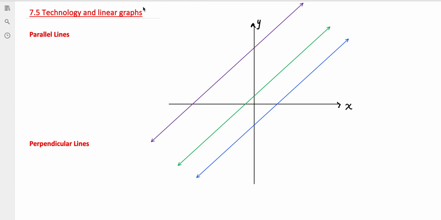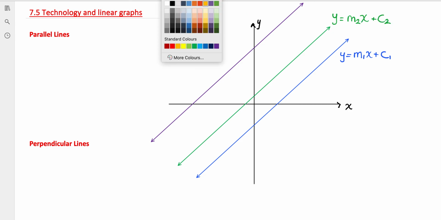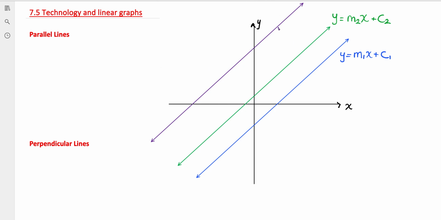Okay, so if I call the line that I have here in blue y equals m1 times x plus c1, and this green one here is y equals m2 x plus c2, and then my purple one is y equals m3 x plus c3.